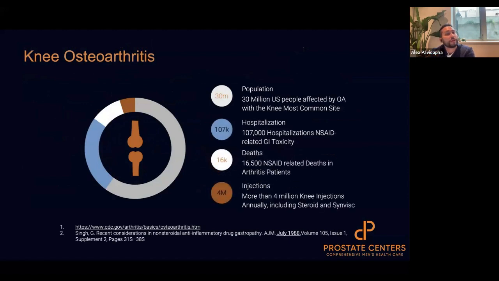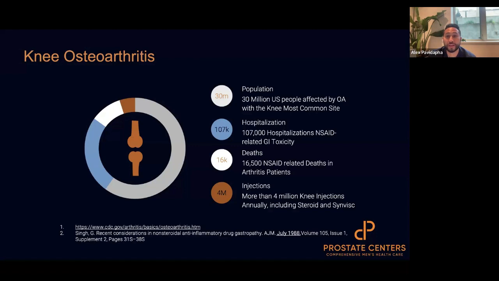So what are we here today to talk about? It's called knee osteoarthritis. Obviously, it's very common in the United States. 30 million people in the United States are affected by osteoarthritis, with the knee joint being the most common site. There are over 100,000 hospitalizations annually just related to toxicity from NSAIDs, like your ibuprofens, Aleve, Motrins, what have you.